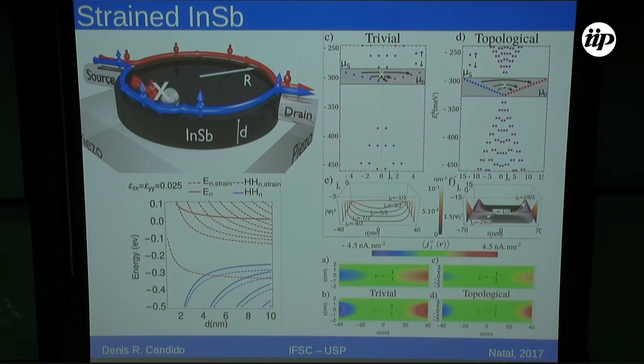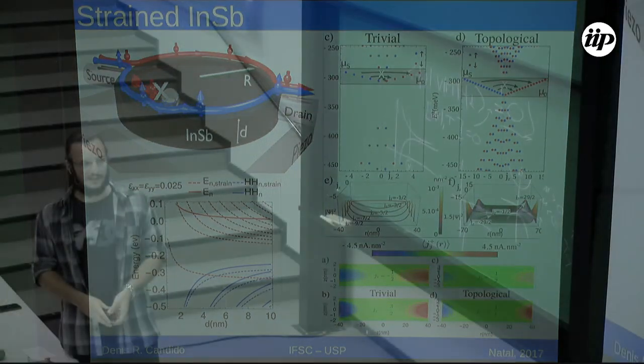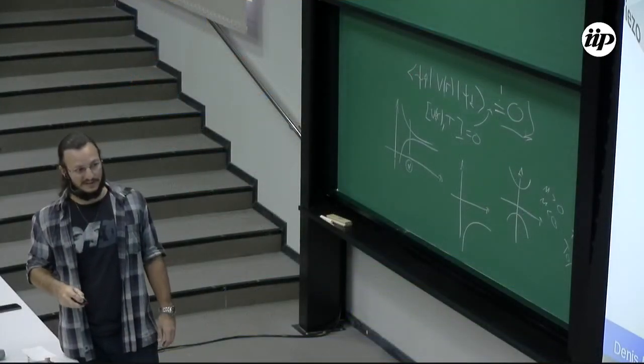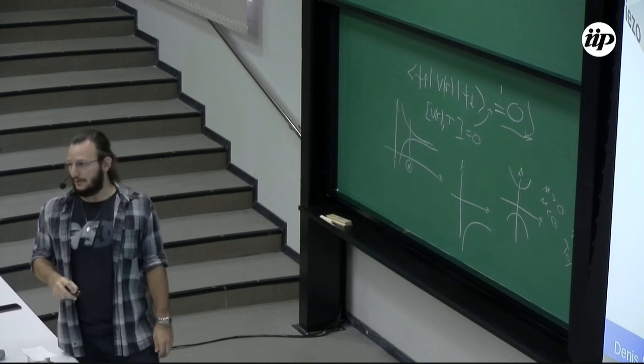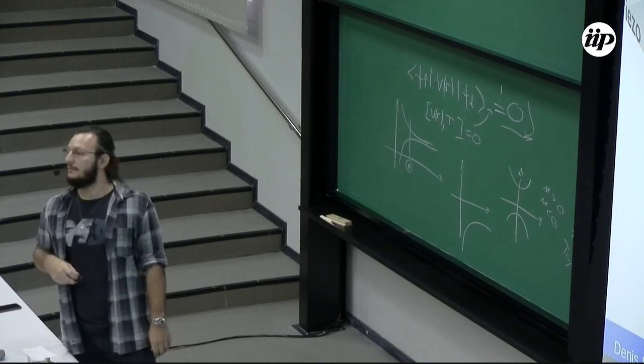We want to see if a difference will appear. Till now we just analyzed the current, and we concluded that the current is the same for trivial and topological.